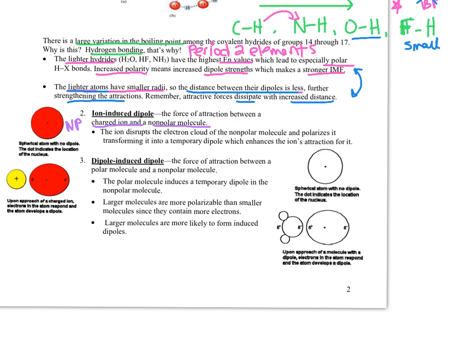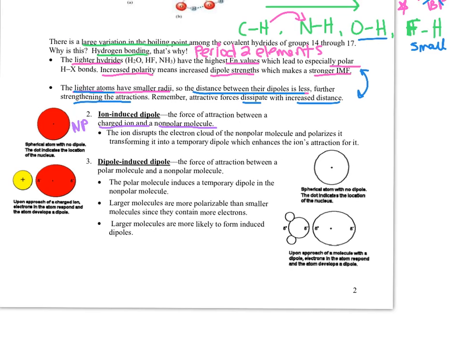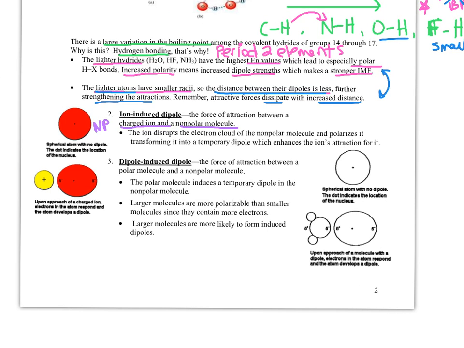But what ends up happening is, and I'm going to shift this over just a little so I can see it better, you bring a charged ion towards it, and when it gets close, it attracts the electrons and creates an uneven distribution. It disrupts the electron cloud.